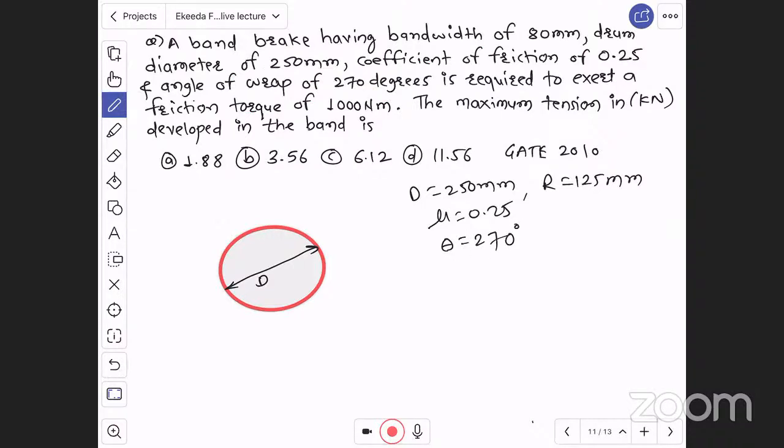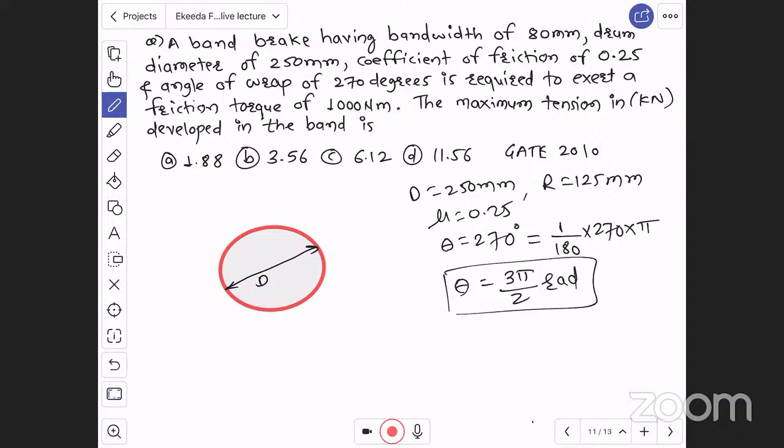Now, theta equal to 270 degrees means how much radian? That is 1 by 180 into 270 into pi. This is the unit conversion, right? We have to multiply with pi by 180. Therefore, theta will be equal to 3 pi by 2 radian.